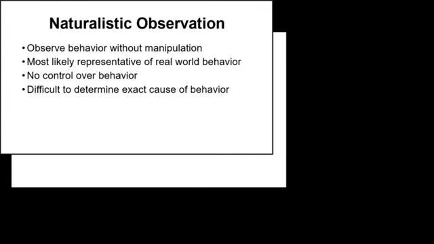So the first of these is naturalistic observation. In this case, you're going to be observing behavior without manipulation. And you're going to find that's pretty consistent across all of our descriptive methods, because manipulation is one of those hallmarks of experiments.